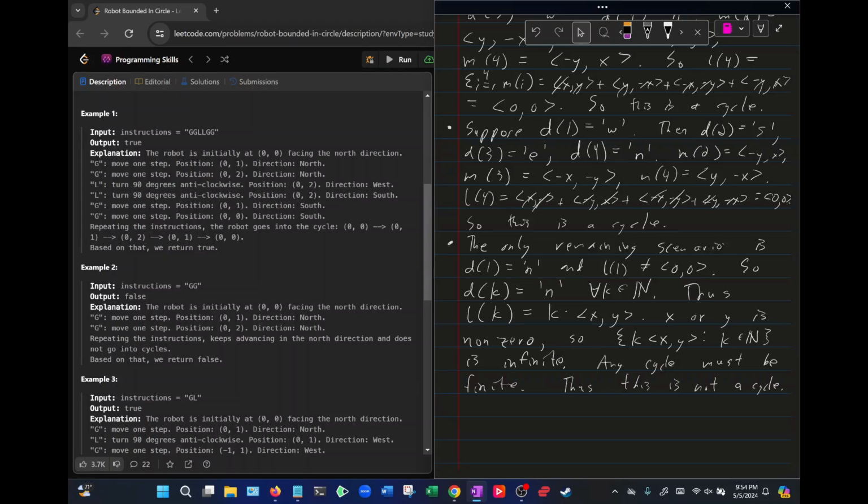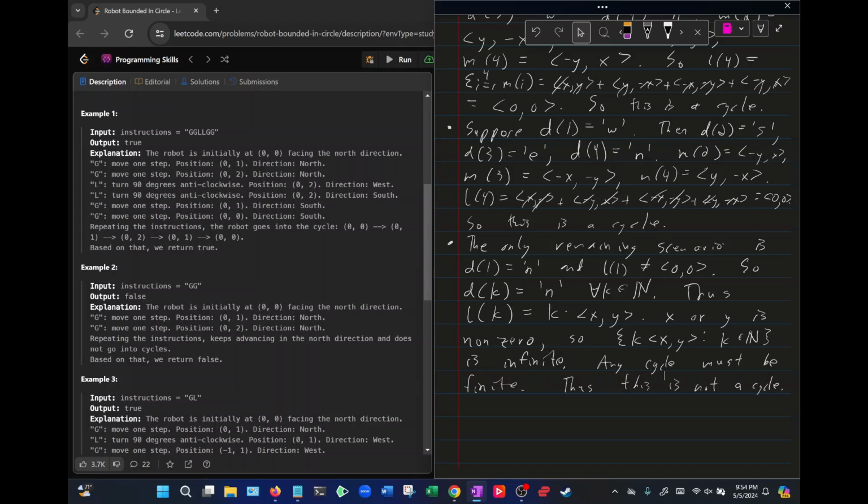So basically, all we need to do is check, all we care about is what happens after the first run through the instructions.